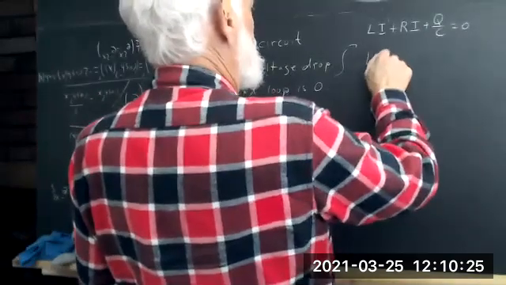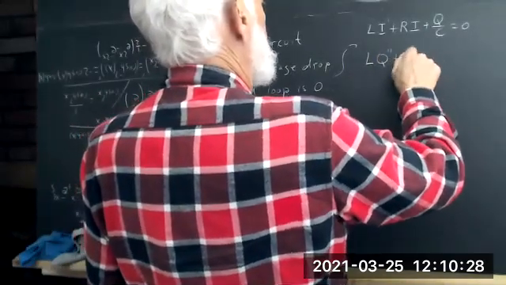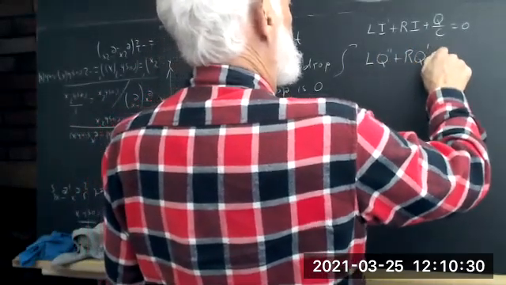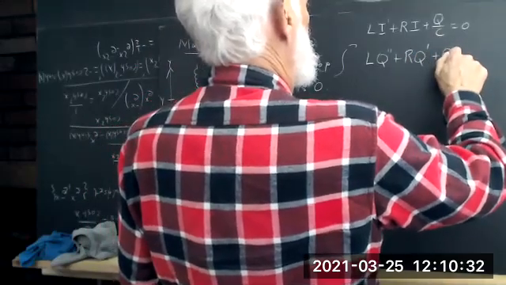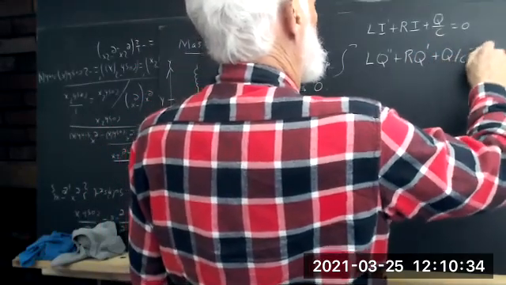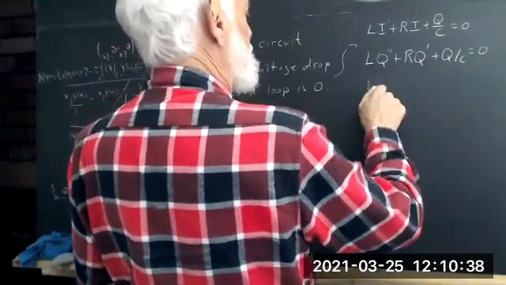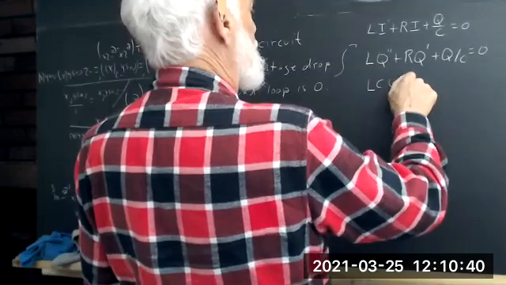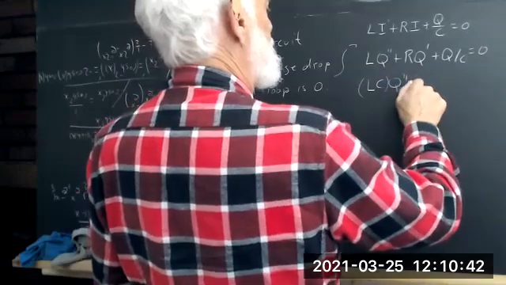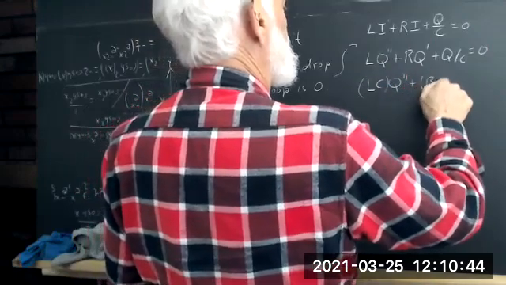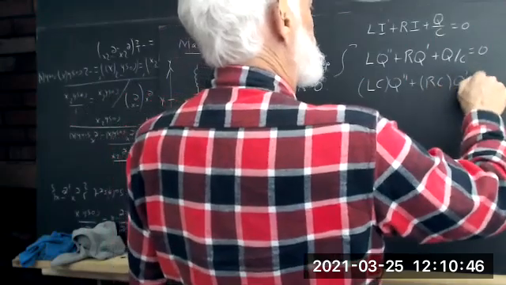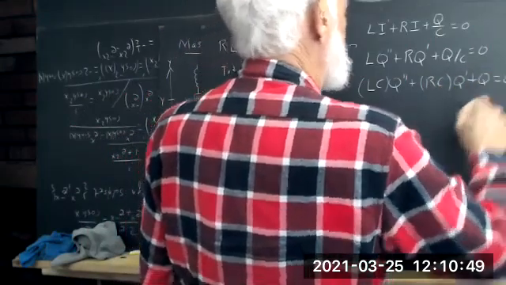Meaning, of course, then that L Q double prime plus R Q prime plus Q over C equals 0. Don't like that denominator, so I'm going to say LC times Q double prime plus RC times Q prime plus Q equals 0.